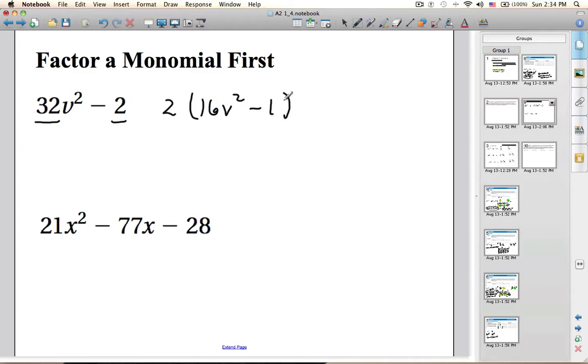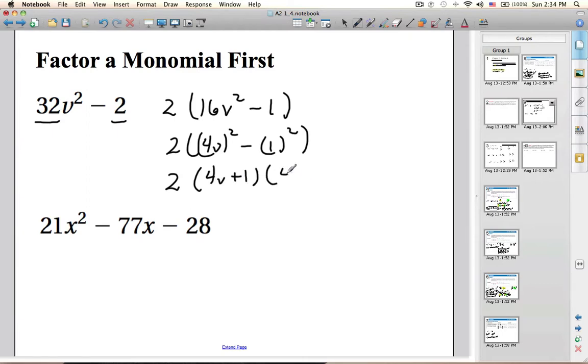I've got no middle term, so I'm going to check to see if this is the difference of two squares. This is a perfect square. It's 4v squared. This is a perfect square. It's 1 squared. So that's the difference of two squares. So it would be a plus b, 4v plus 1, times a minus b, 4v minus 1.